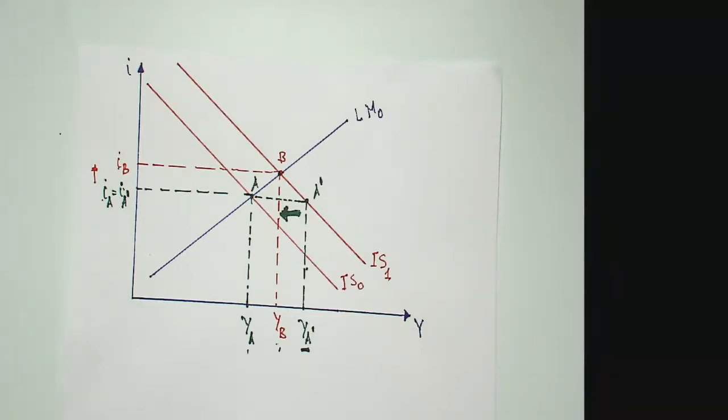But since the interest rate increased from IA to IB, this indicates a decrease in investment, which is called interest rate induced crowding out of investment. Because of this, we have a lower income YB compared to YA prime.